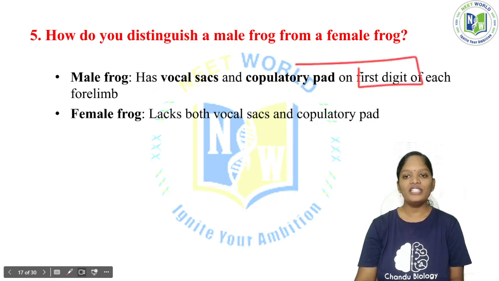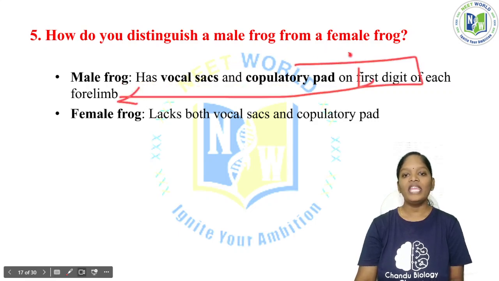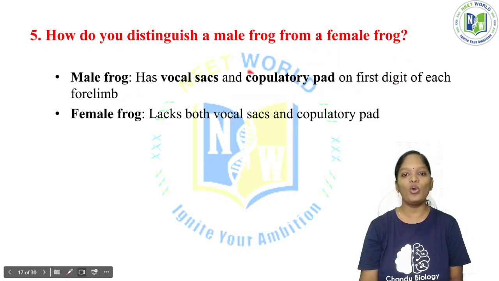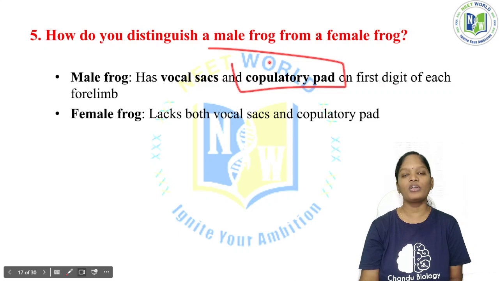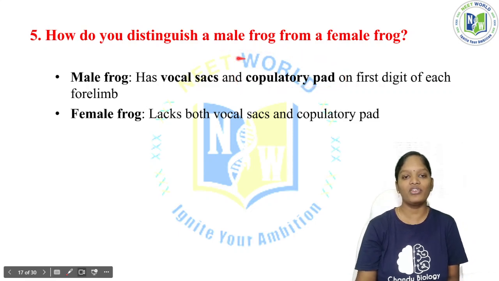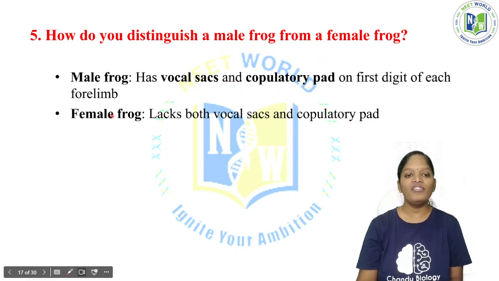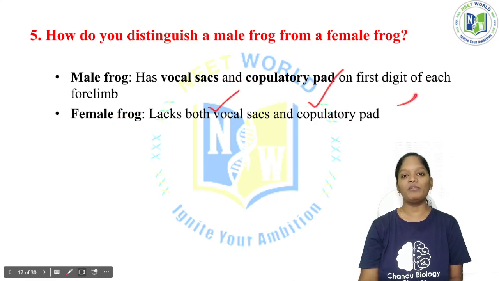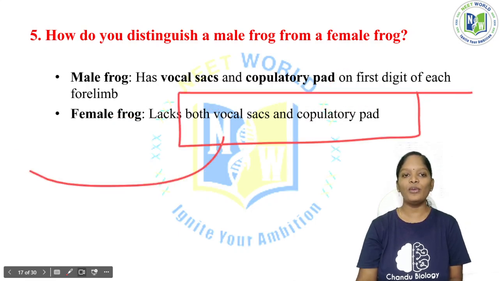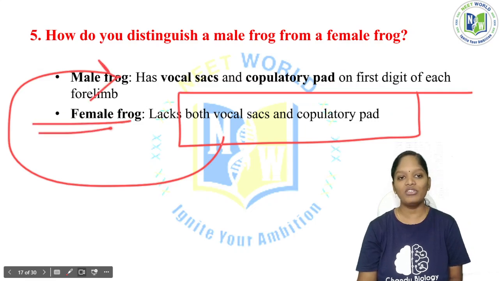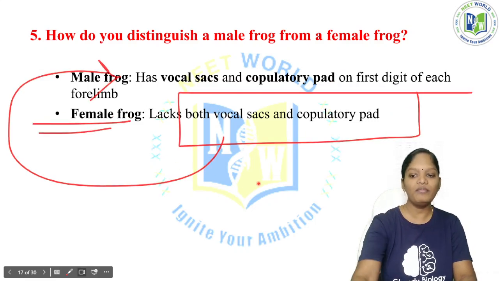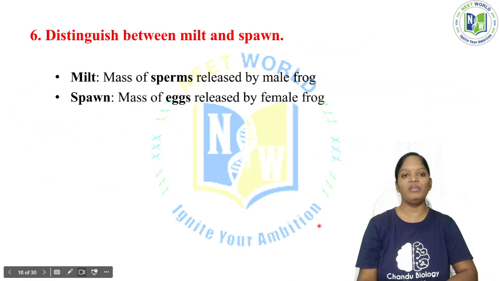On the first digit of each forelimb, they have a copulatory pad for the copulation, for the fusion with the female frog, and vocal sacs to make a sound. See, female frogs lack both vocal sacs as well as the copulatory pad, because all these things are needed only for the male frog, they don't need them for the female frog. So this is the major difference between the male and the female frog.